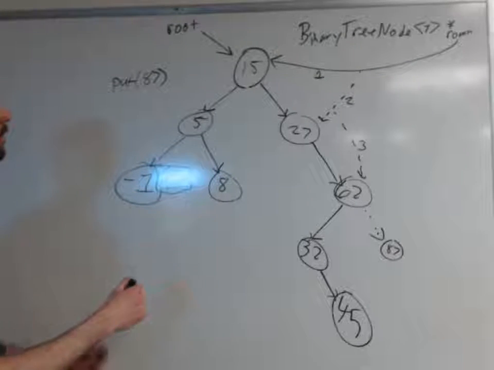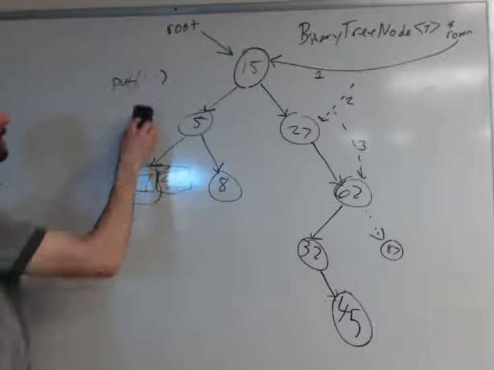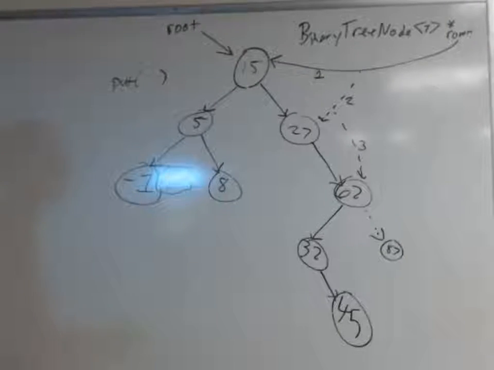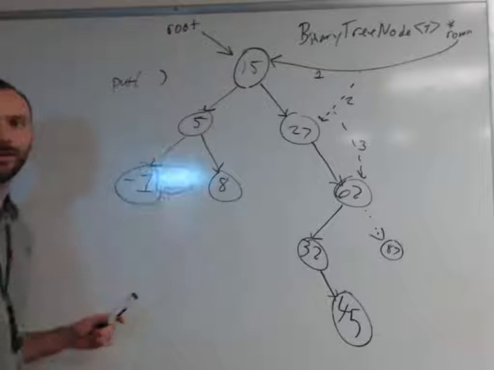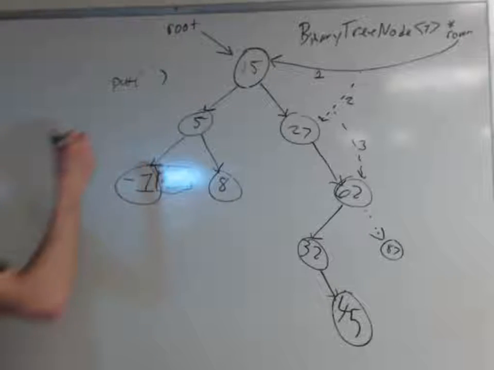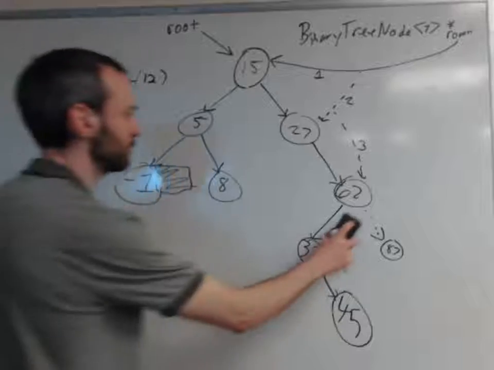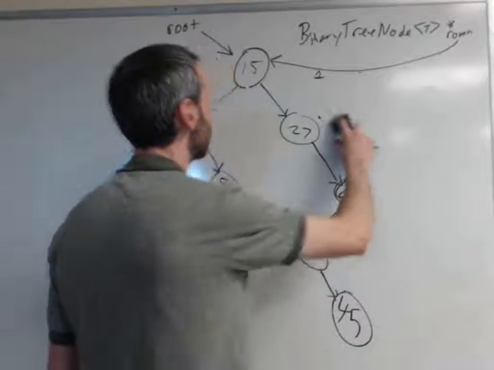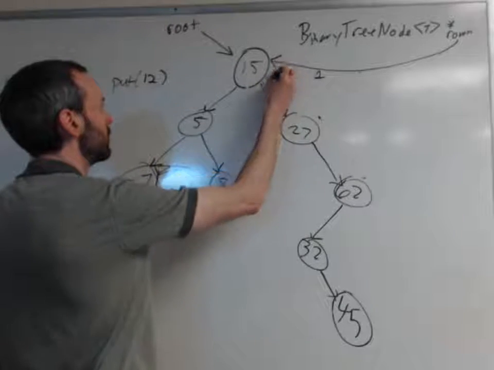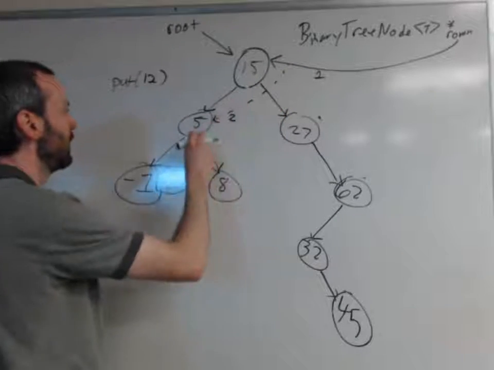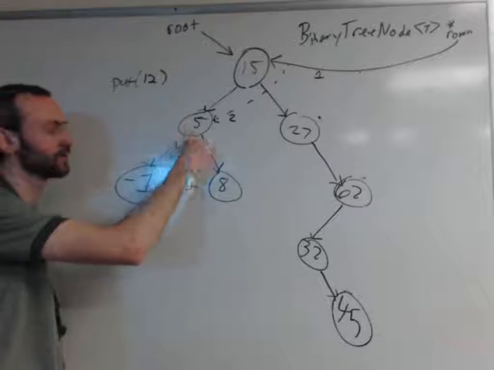Okay, so if you are at 5, let's put in a number. What example number would you like me to look at while we're evaluating 5? It'd have to be less than 15. 12. Okay, so if it's at 12, rover starts at 15. It's less than, so then rover would go over to 5. It'd look at 5. 12 is not less than 5, so it's going to go to the right.